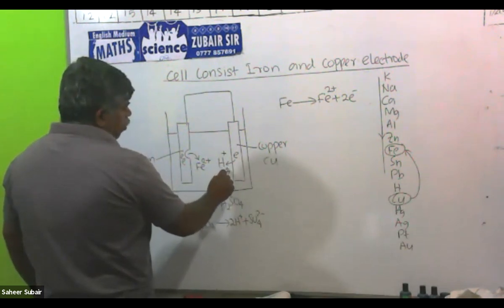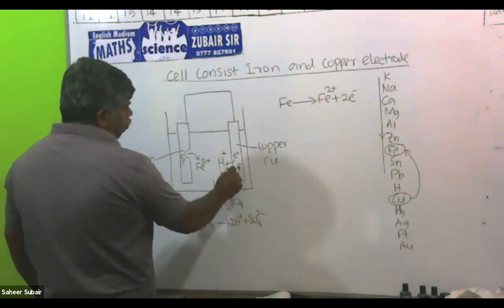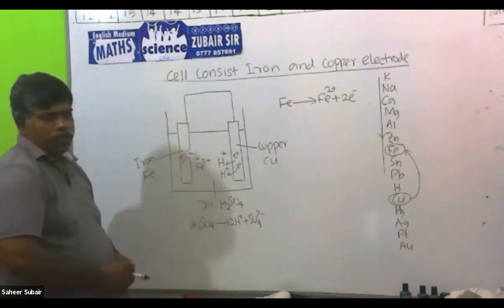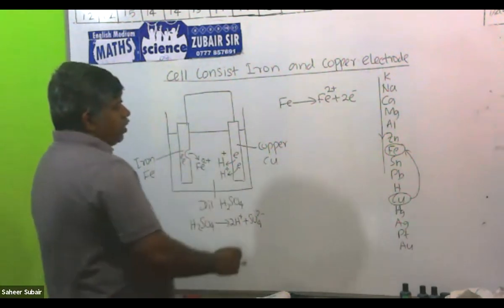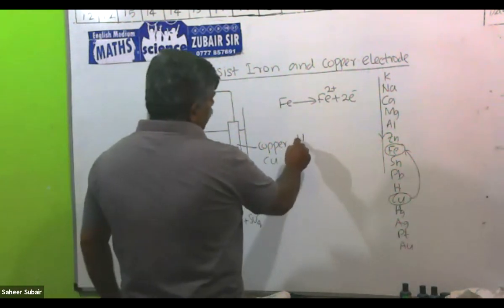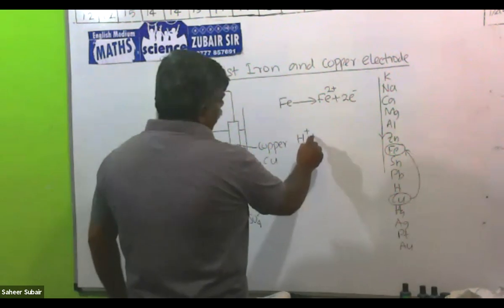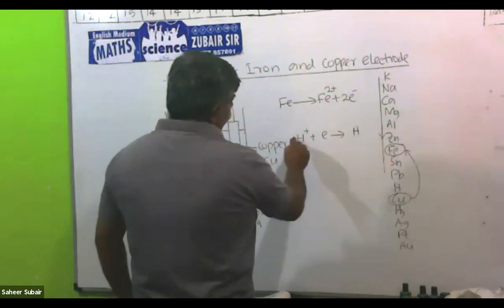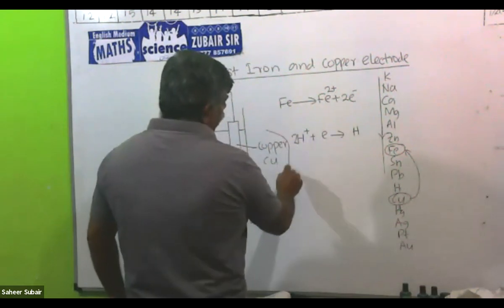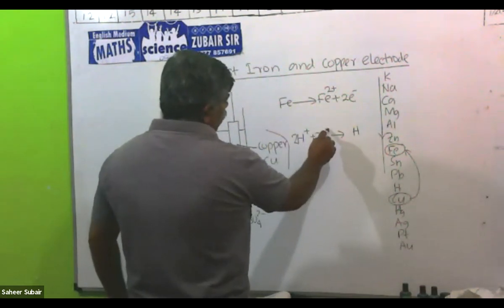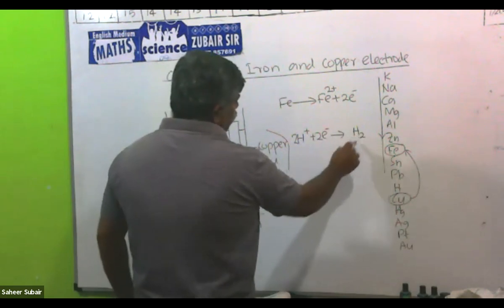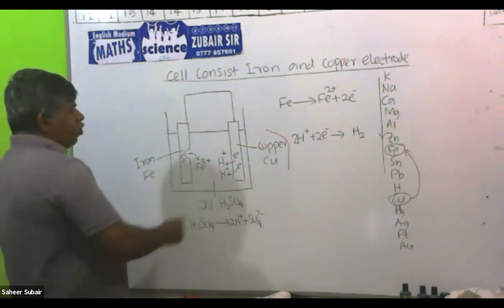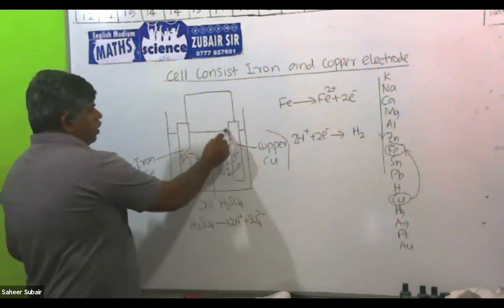So when 2H+ absorb electrons, the copper supplies the electrons. 2H+ are getting 2 electrons and become 2H. 2H means hydrogen gas. Then there is a formation of hydrogen gas bubbles.